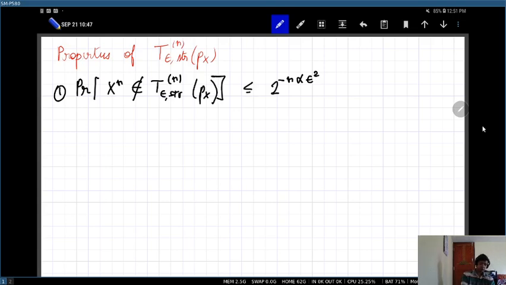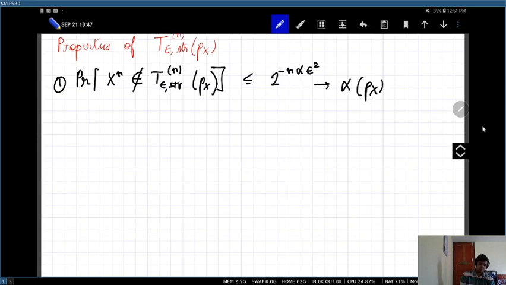So this is less than or equal to 2 to the minus n alpha times epsilon square for some alpha which depends on px. And this is simply a consequence of Chernoff's bound.